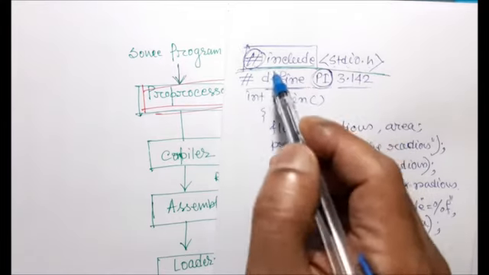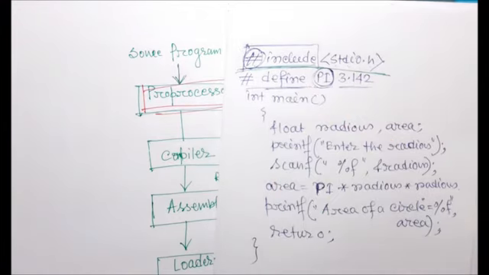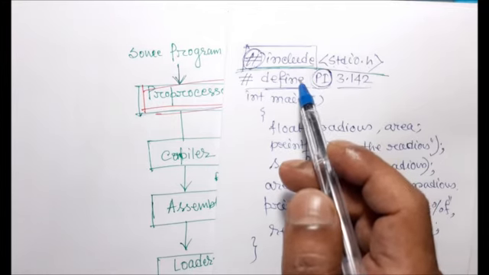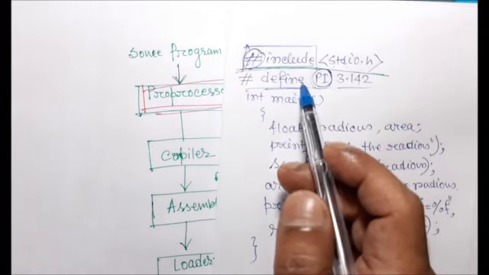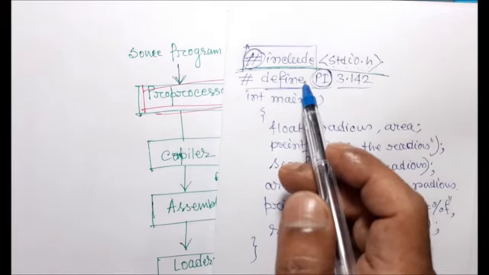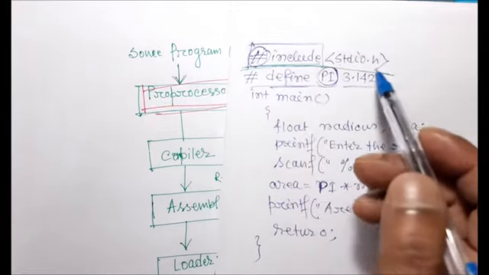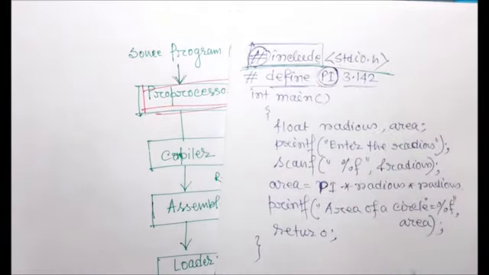Hash include means to include all the files from the library that our program needs. In the high level language, in our source program, we write #include, which is a directive for the preprocessor that tells it to include the content of the library file specified within the angle brackets, or we can also use double quotes.